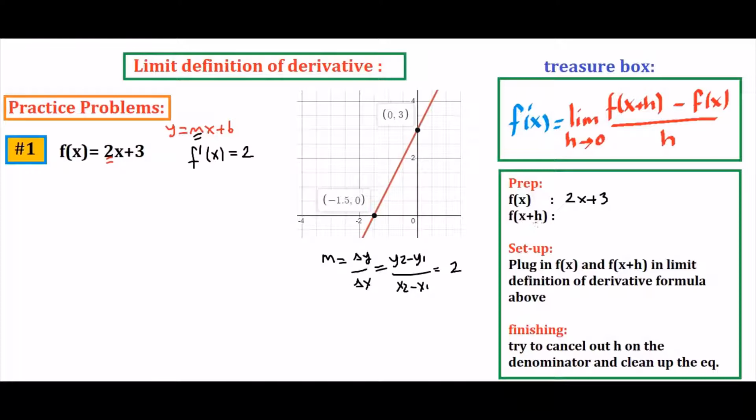F of x plus h: wherever we see x in the original problem, we're going to substitute it with x plus h. That's what it means to say f of x plus h. So 2 times x plus h, so we substitute x with x plus h, plus 3.